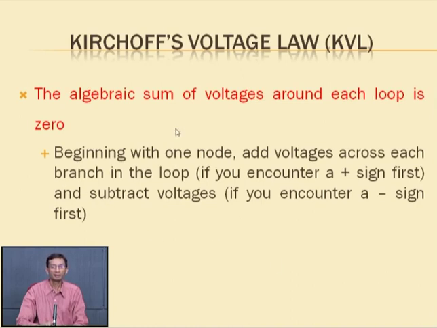As we follow the path of the loop, we begin our journey at a node. From that node we add the voltages across each branch in the loop. Some branch voltages are given the positive sign and others the negative sign.